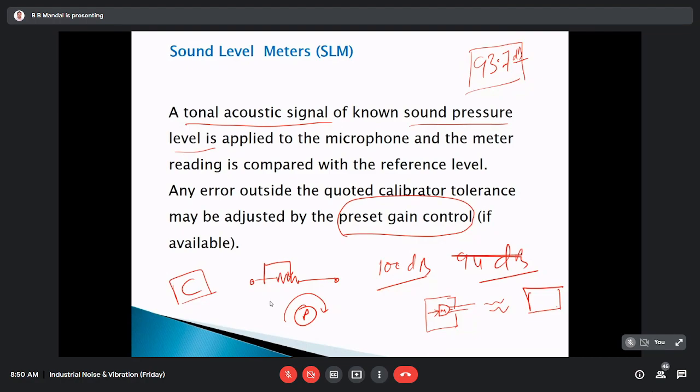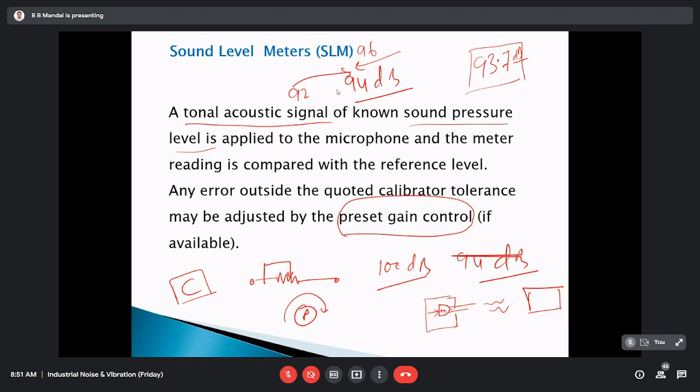That means if it is not showing the preset value, it will automatically adjust. If your calibration is 94 dB at a particular frequency, and it is actually showing 96, it will automatically adjust to 94. Or if it is 92 dB or 93 dB, it will automatically adjust to 94 dB. Just pressing the button is enough.